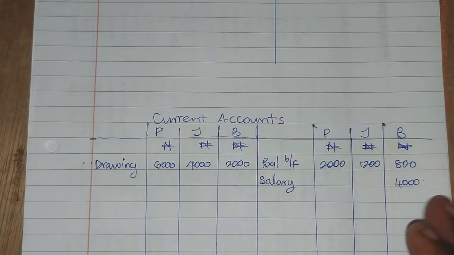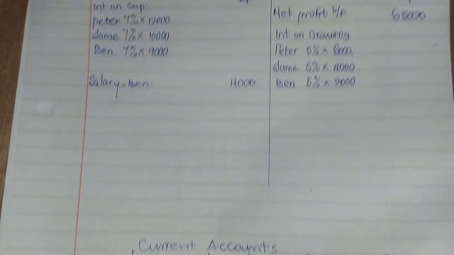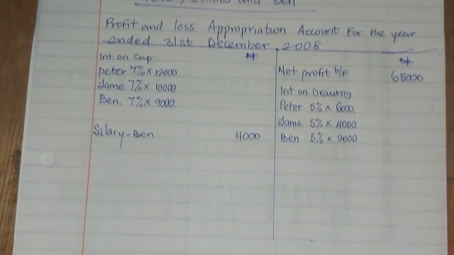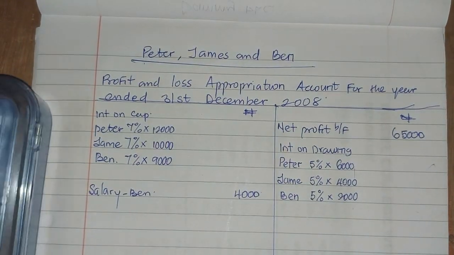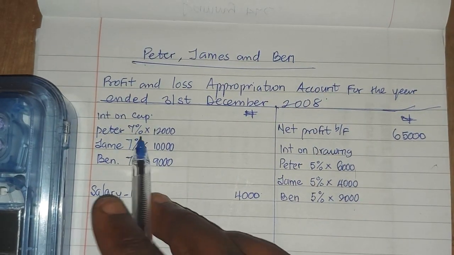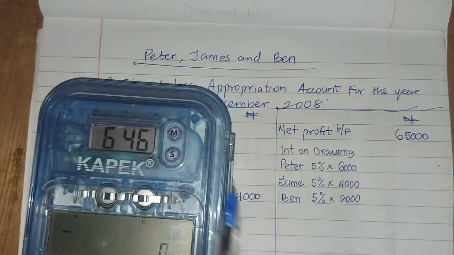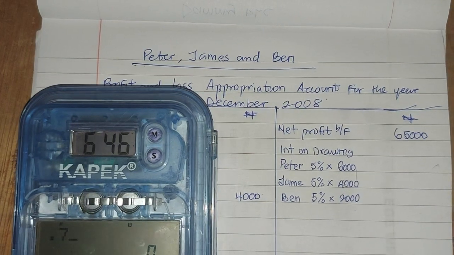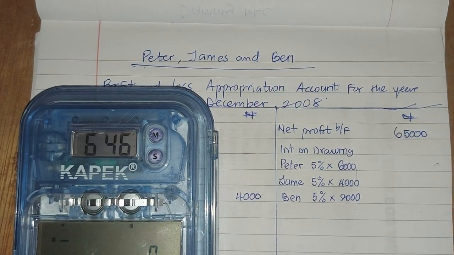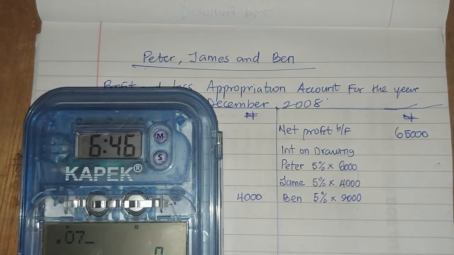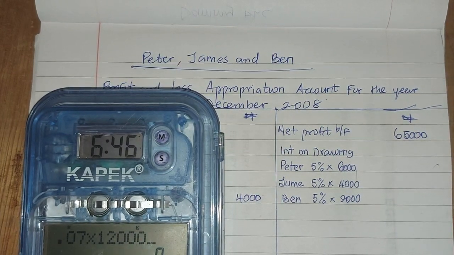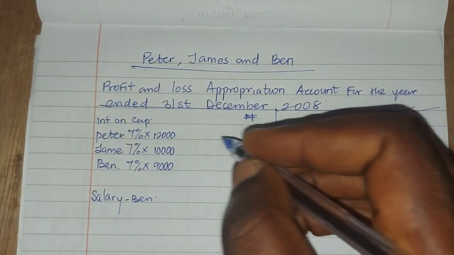The next thing is to pick up our calculator. Then you start with the appropriation. You take 7% of this. So when you take 7%, we have 0.07 times 12,000, and that is 840.